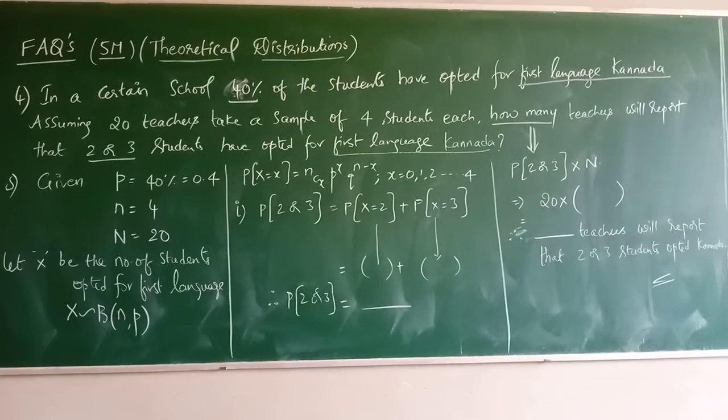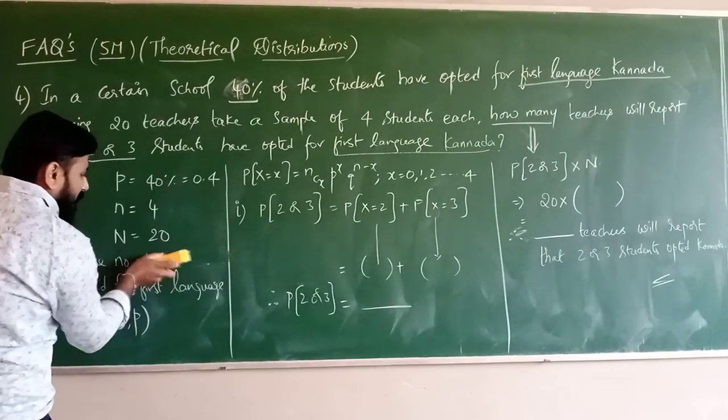See, the question asked is how many teachers will report that 2 or 3 students have opted for first language Kannada. So here what we need to do? Let x be the number of teachers reporting. So here small correction. Let x be the number of teachers.